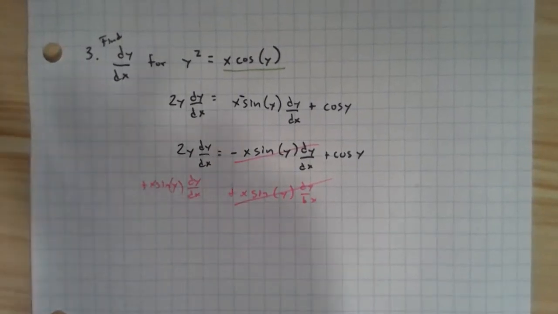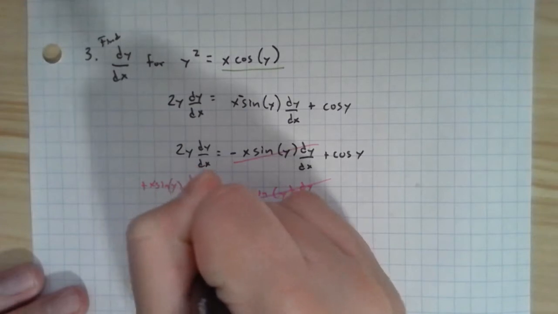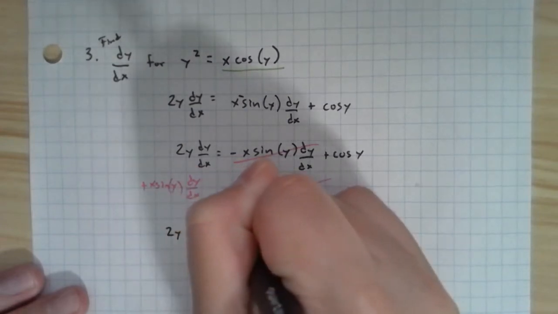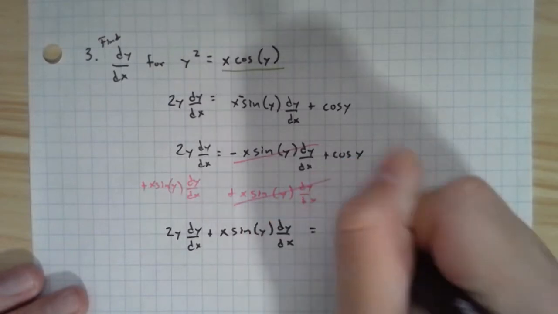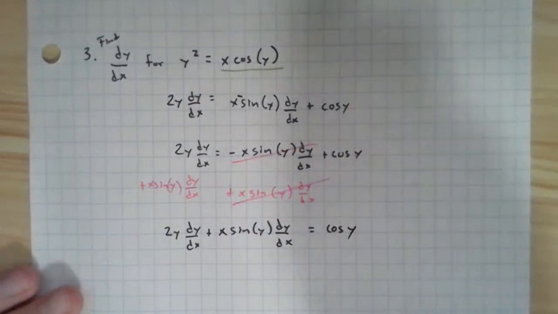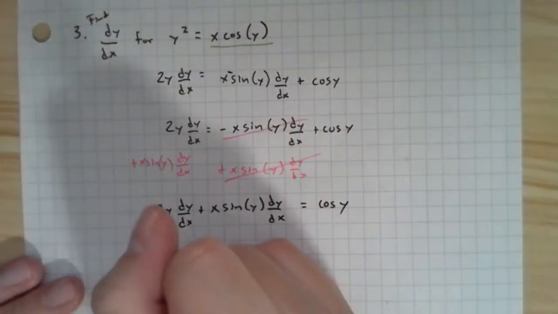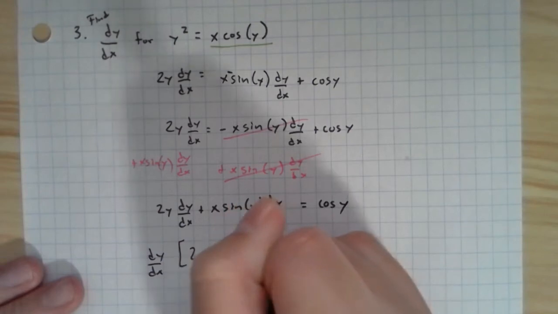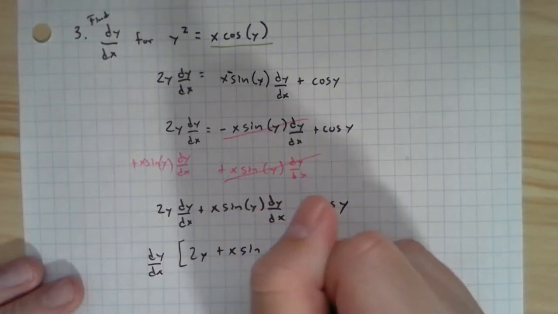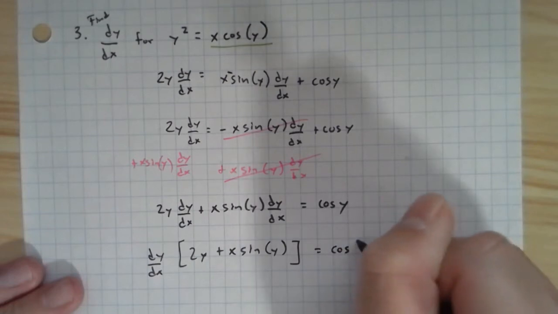So then I'll have 2y dy dx plus x sine y dy dx is equal to cosine y. I can now pull out a dy dx. So dy dx times 2y plus x sine y is equal to cosine y.